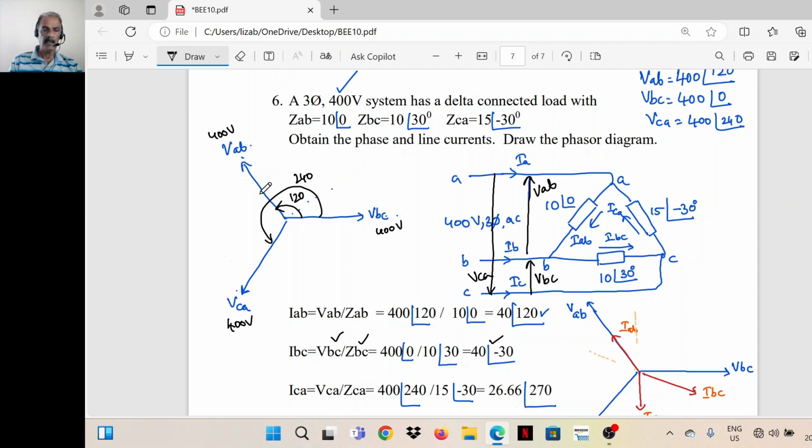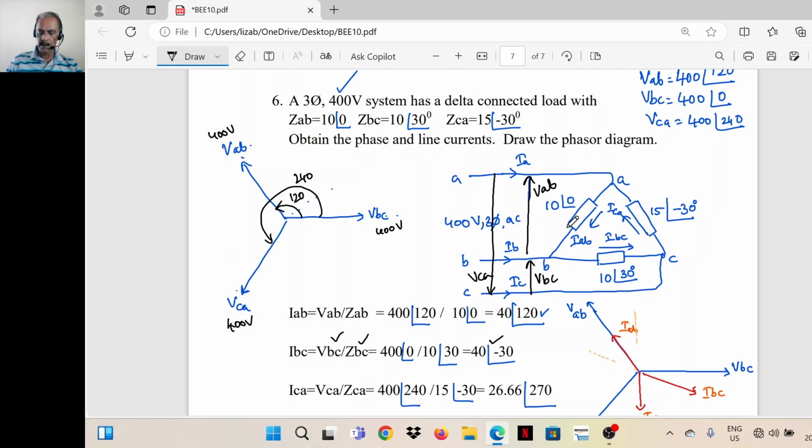Then VAB is 400 angle 120 and VCA is 400 angle 240. If BC is here, then for a positive sequence, VAB will be at an angle of 120, VCA at an angle of 240. So mark the voltages here.